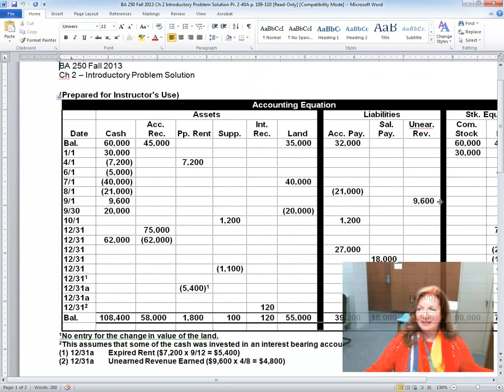We have investing activities, and we invested $40,000 in land, and we sold $20,000 in land. So $40,000 invested in land, $20,000 sold of the land. We're going to end up with investing activities of $20,000.